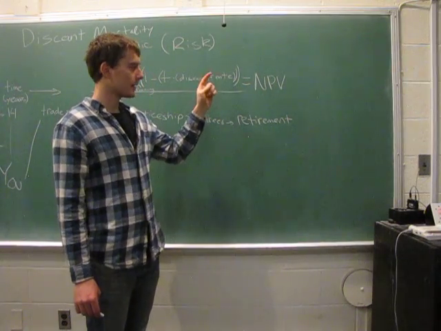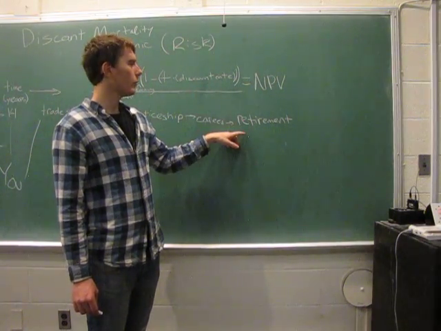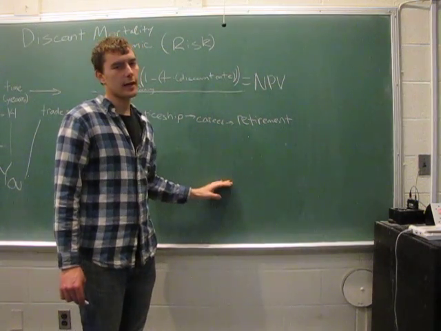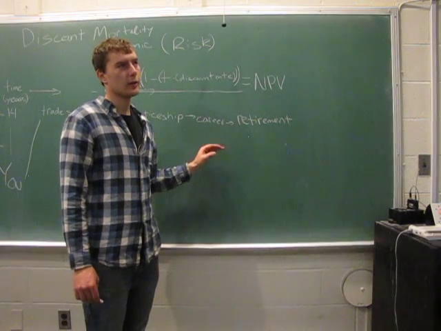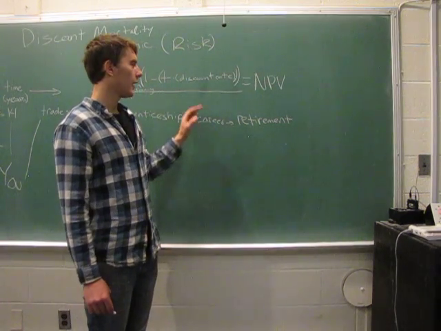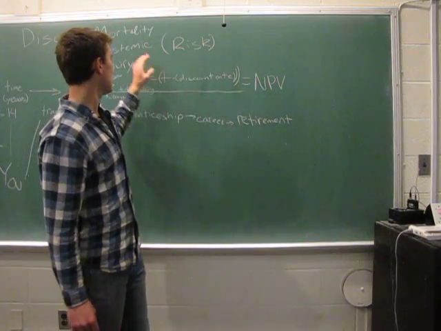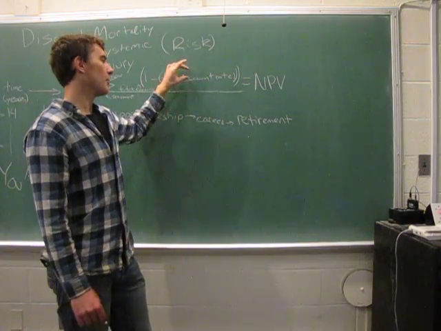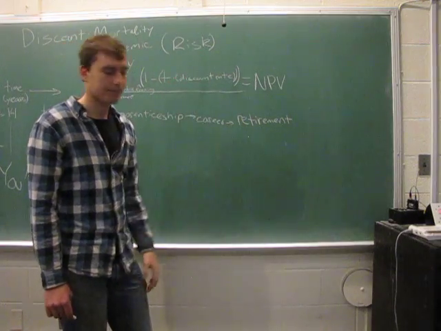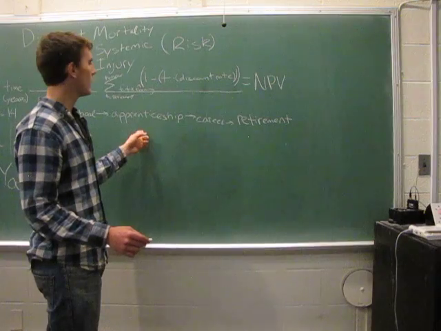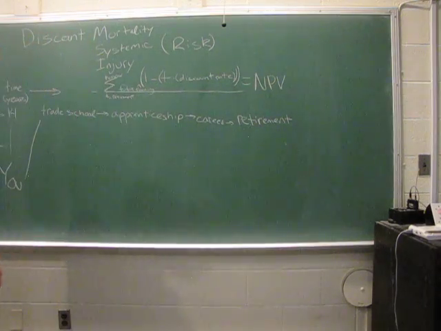So in this case, the net present value will be based mostly on your earnings, because every career track is going to have mortality rates or mortality risk. So I would say you don't really need to concern yourself too much with this unless you see some type of risk having a major impact on your discount rate, which in this case, I think because your labor is pretty secure, you don't really need to do as much. So we're going to talk about some careers that do carry some risk next.